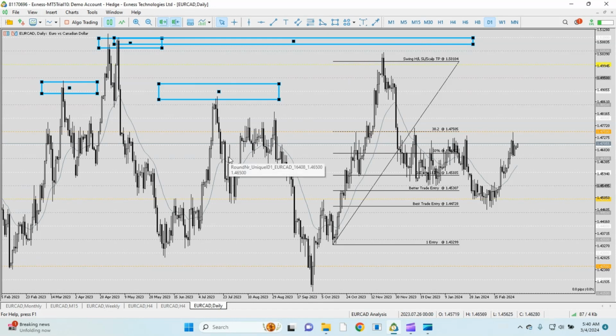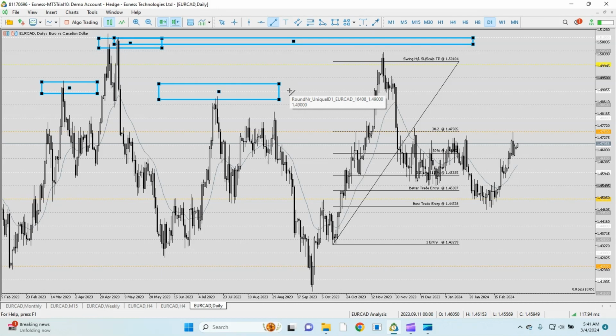We have the triangles: ascending, descending, and symmetrical triangles. When price consolidates, it creates a pattern with converging trend lines. An ascending triangle indicates bullish continuation, while a descending triangle suggests a bearish continuation pattern.